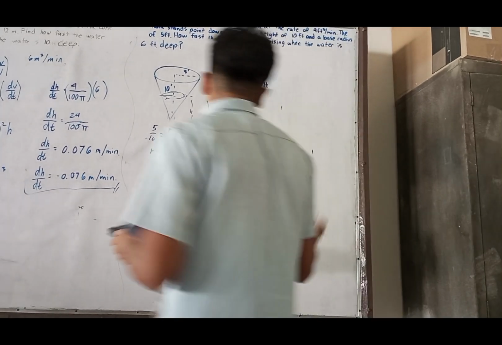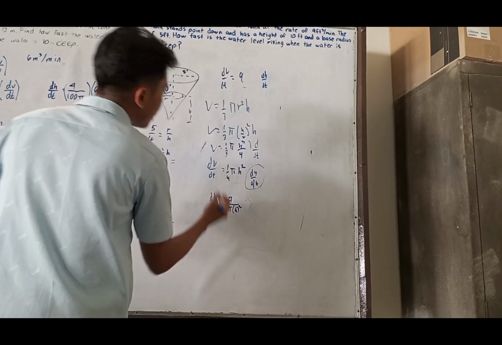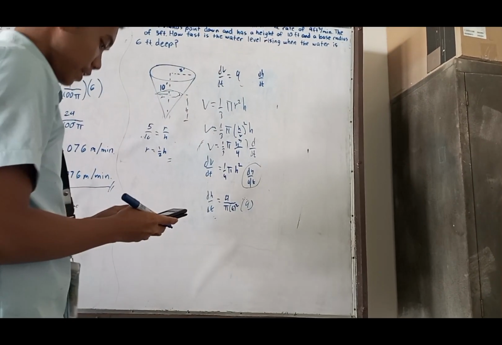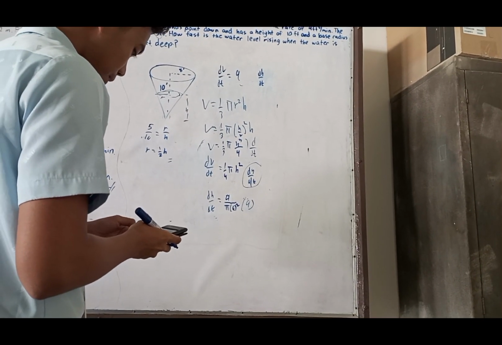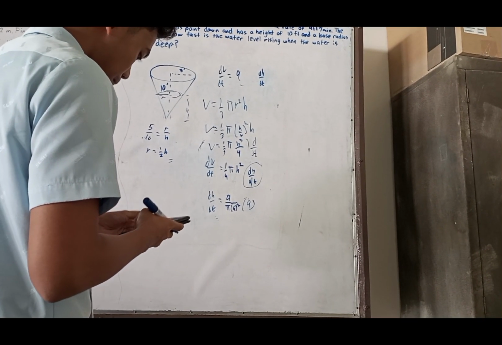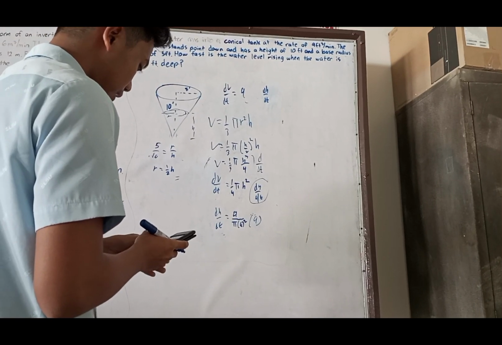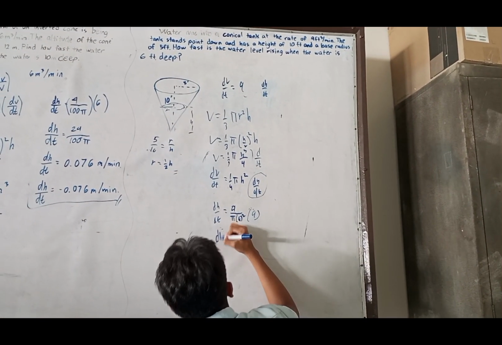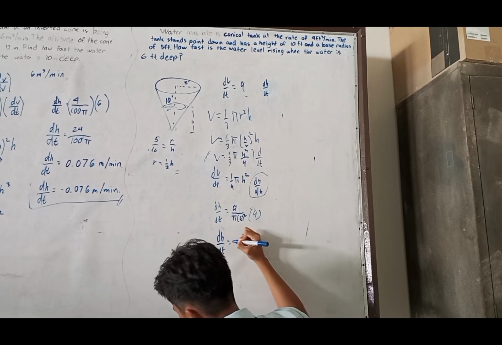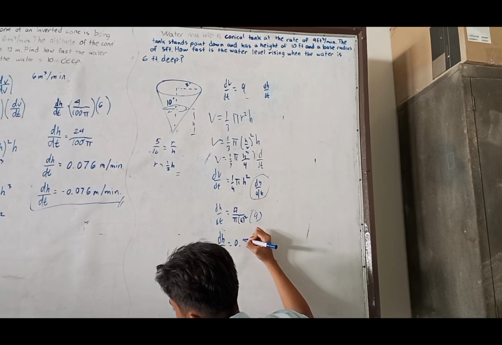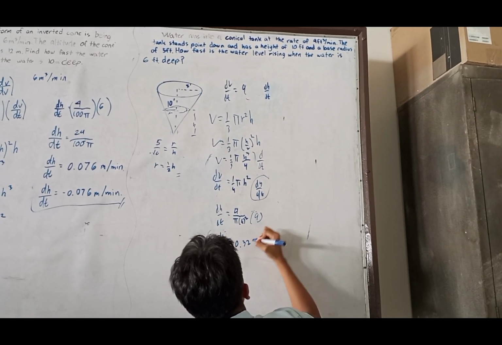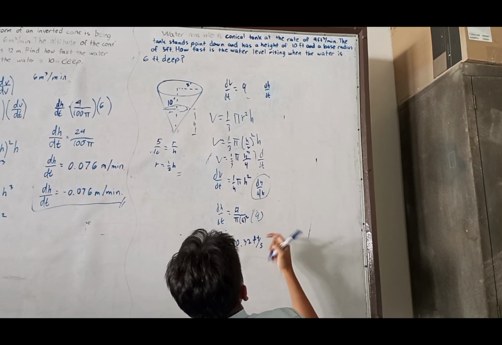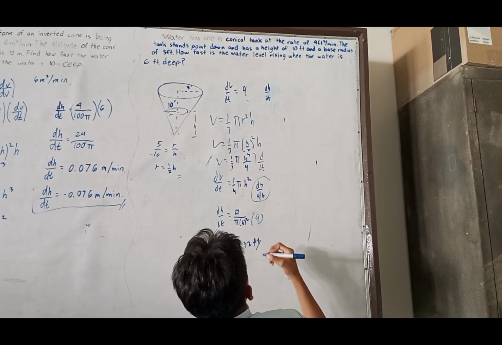Now then plug in dV over dt which is 9. Solving 4 times 9 over pi times 6 squared, we get our water level changing 0.32 feet per minute.